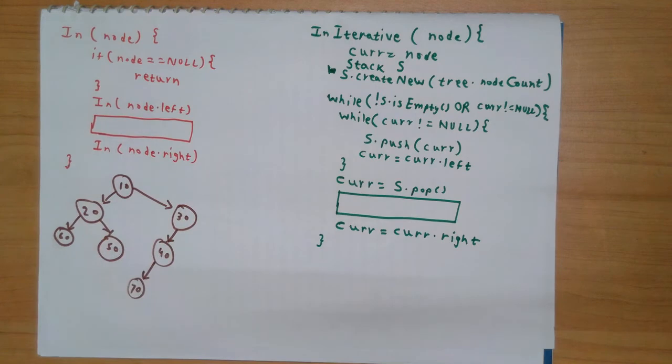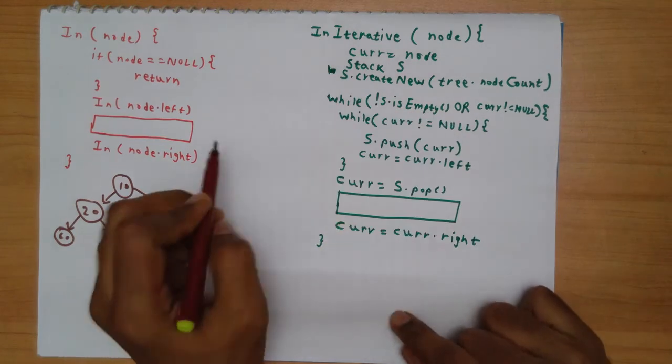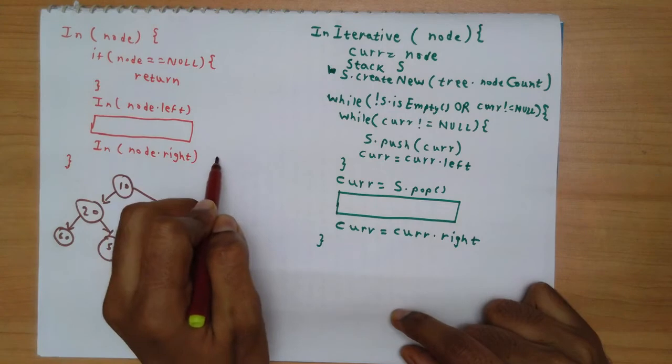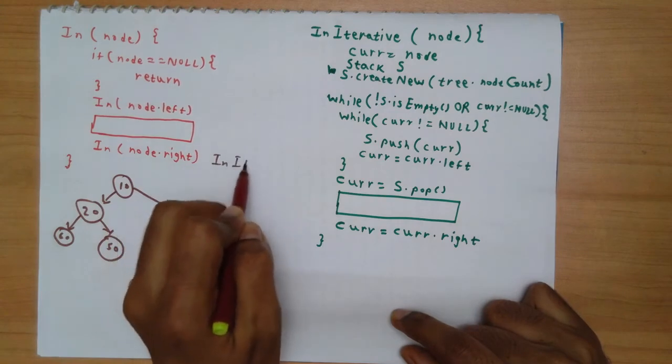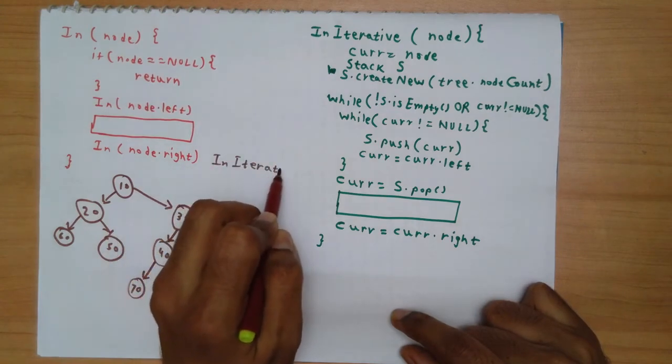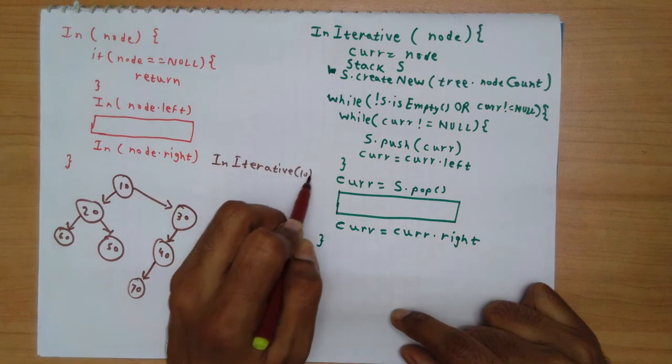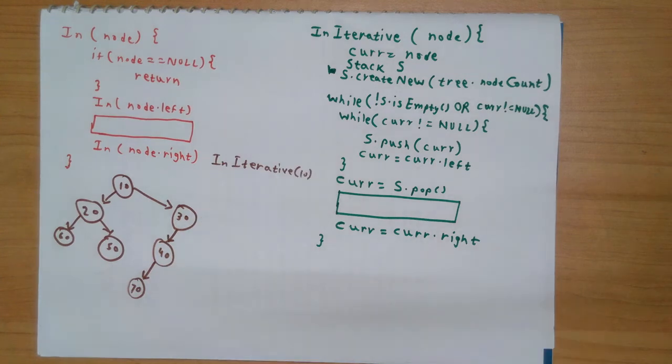Okay, so let's start executing our iterative in-order traversal with a call to in-order iterative with the address of the node that contains the value 10.